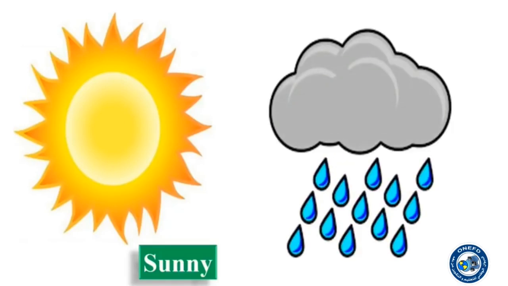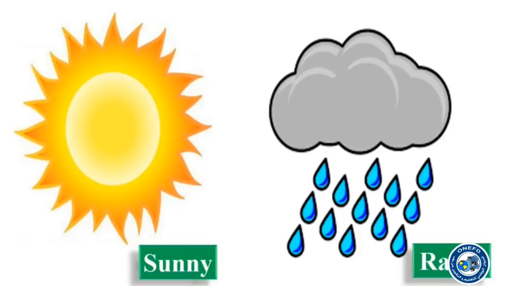In this picture, we have sun. So the weather is sunny. In the second picture, the weather is rainy. There is rain. So number 1 is sunny, when there is sun.